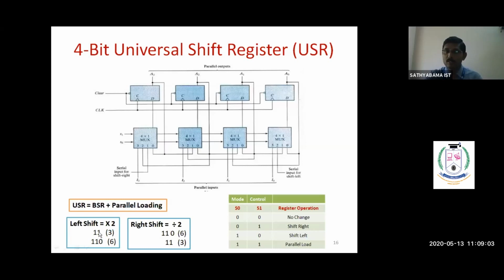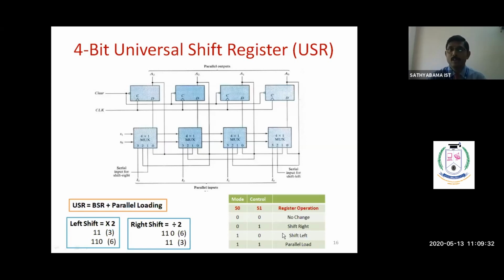So the previous value is 11, the present value is 110, and this value is multiplied by 2. That means at the time of left shifting, the value is multiplied by 2. If you perform a right shift, the value is divided by 2. Okay, fine. So this is the way the universal shift register performs shift right, shift left, or parallel loading.